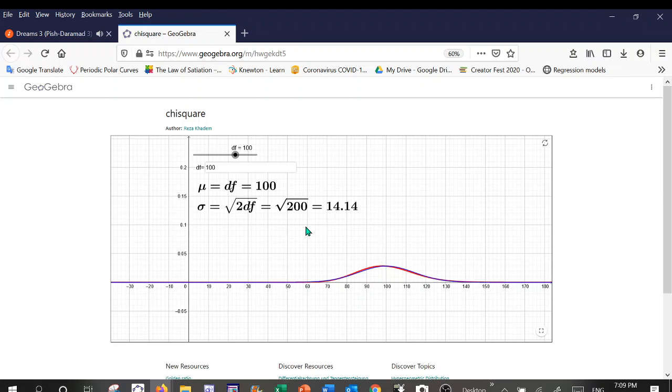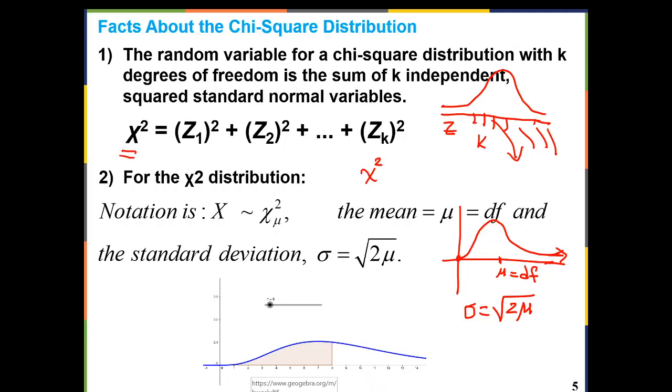And the blue one here is a normal distribution with this mu and this standard deviation. So if you graph a normal distribution with this mean and this standard deviation, it kind of looks like the chi-square distribution. Okay? All right, so that is what it looks like. So I'm going to go back to what we were doing here and continue.